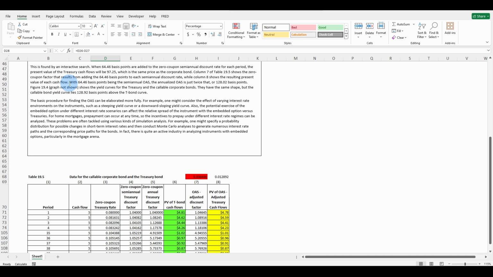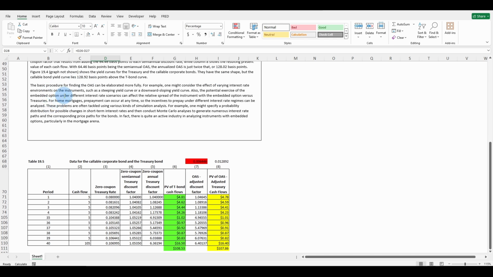The annualized OAS is just twice that, or 128.92 basis points. Figure 19.4's graph, not shown, shows the yield curves for the Treasury and the callable corporate bonds. They have the same shape, with the callable bond curve lying 128.9 basis points above the T-bond curve.